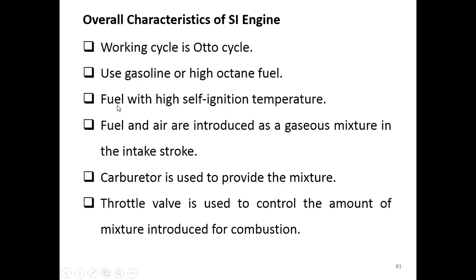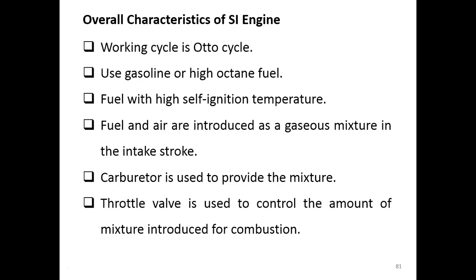So the Otto cycle or the SI engine requires fuel that has a high self-ignition temperature. And both fuel and air are introduced together as a gas mixture in the intake stroke.